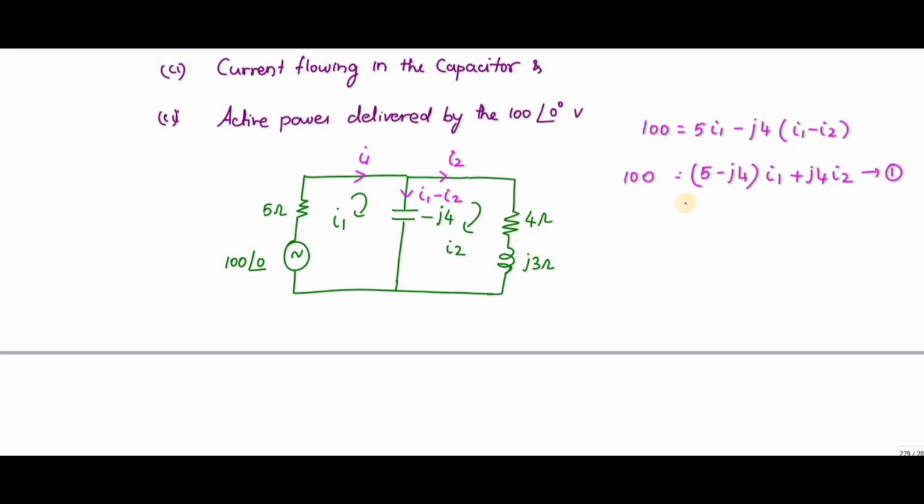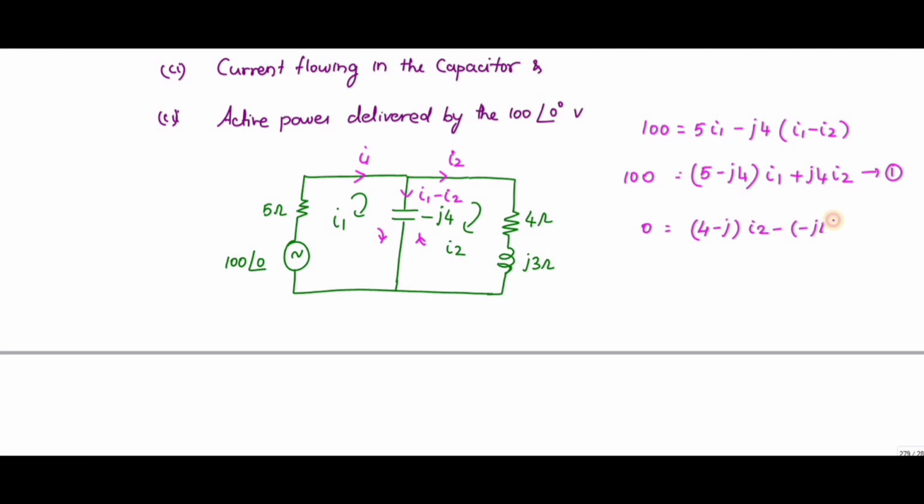And for the second equation, I can add all these values. If I add all these values, I will get 0, since there is no voltage source or current source. So I will get (4 minus j) I2, since it is the I2 mesh. You can see the I2 direction and I1 direction are opposite, so if it is positive, this must be negative.